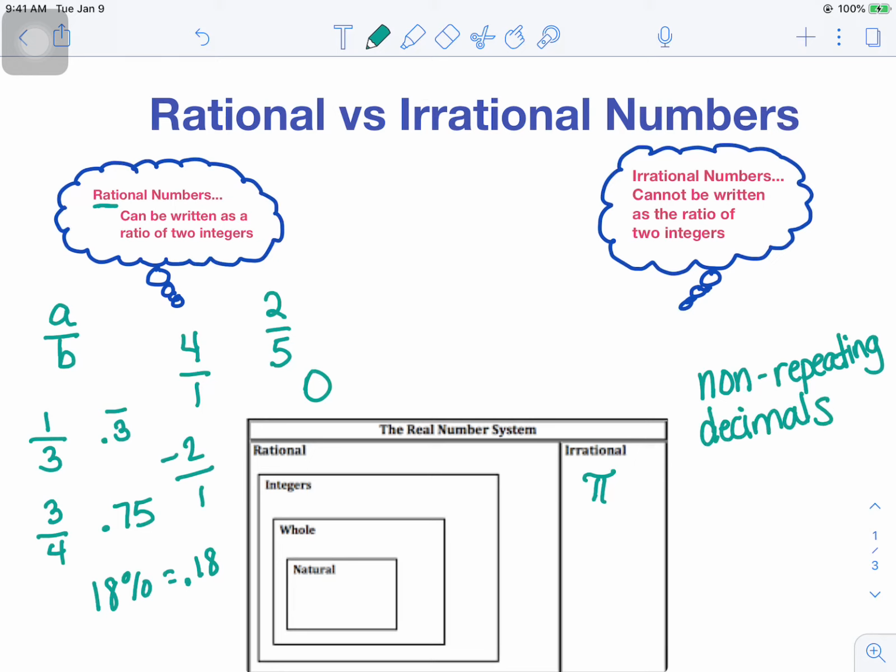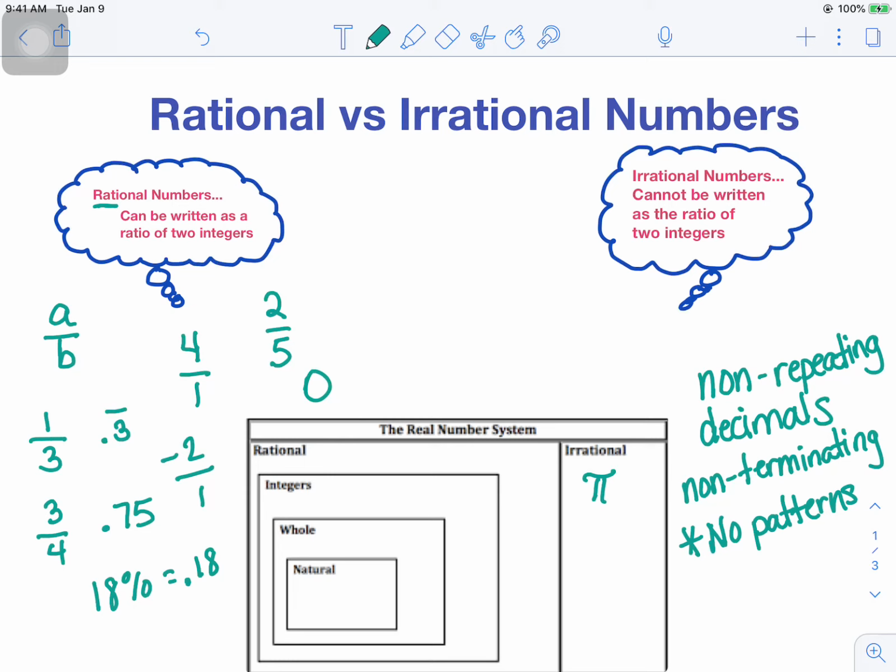And you also have non-terminating. Means they do not end. And that's an example of pi. Non-terminating. So think of this as no pattern. They're very irrational. They kind of do their own thing. So we have to remember that pi is a very good example of this.